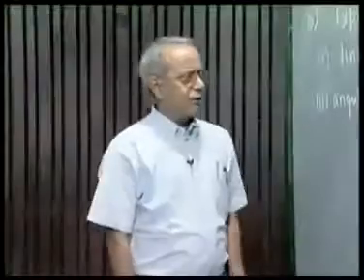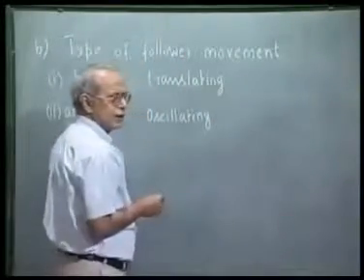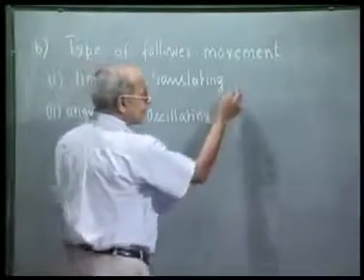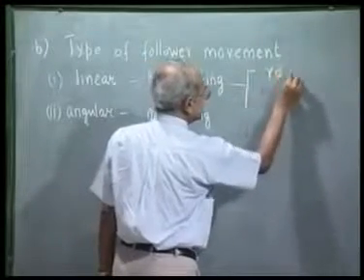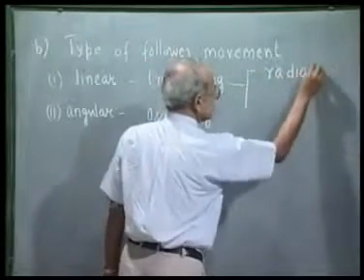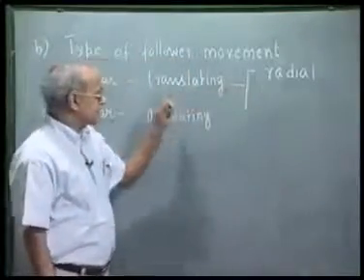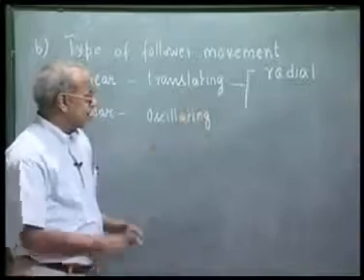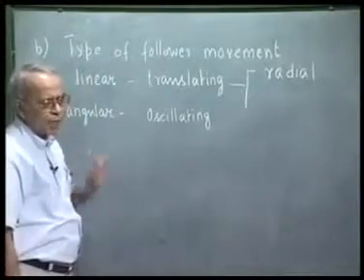Now, the translating follower, the axis of translation, that is the axis of that prismatic pair, if it passes through the cam center, then we call it radially translating. We call it radial translating follower if the follower axis passes through the cam center of the camshaft.